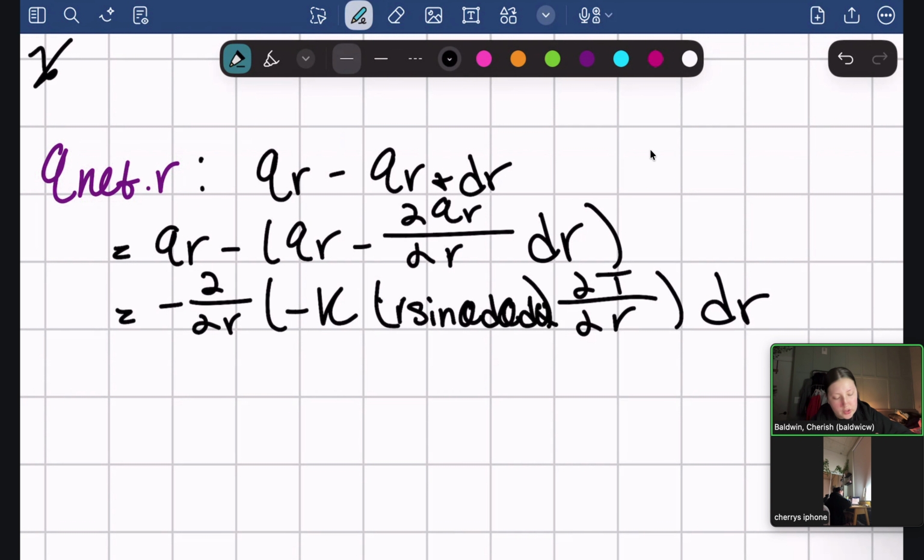Kind of got squished there. Yeah, that looks better.